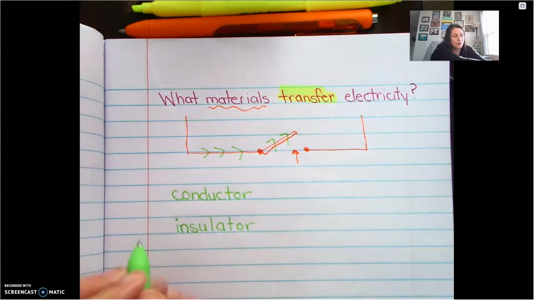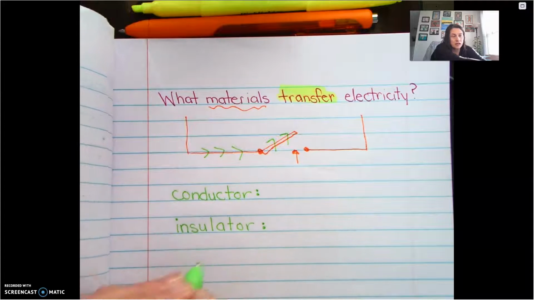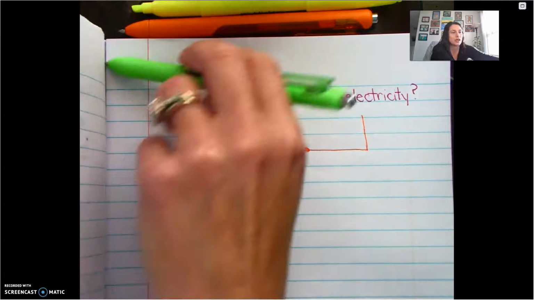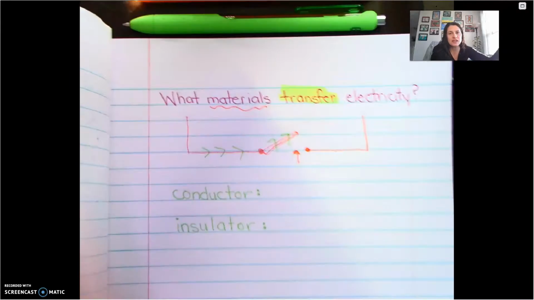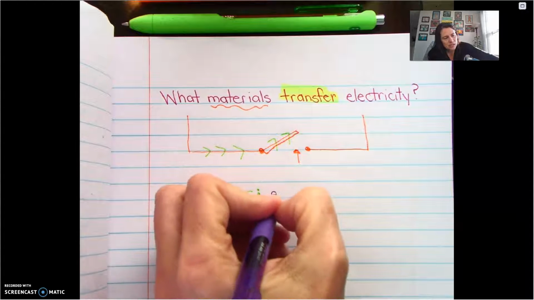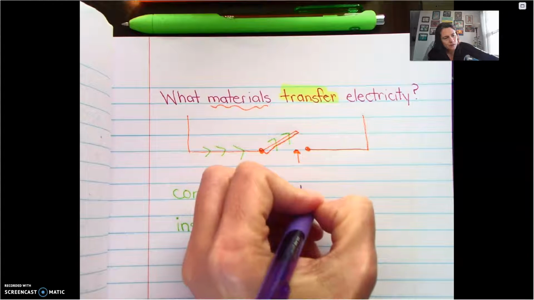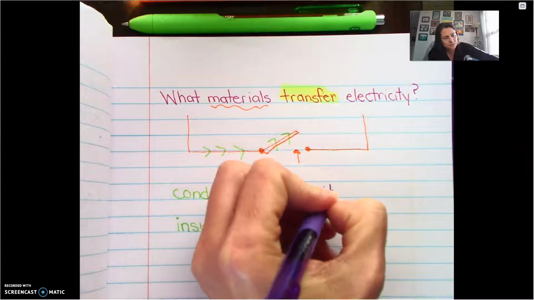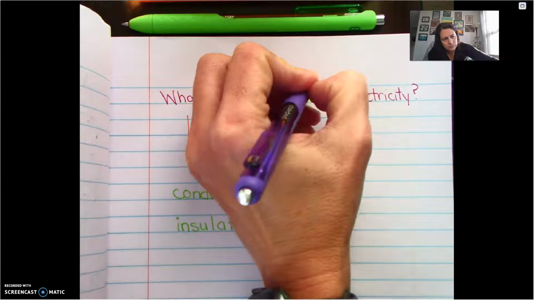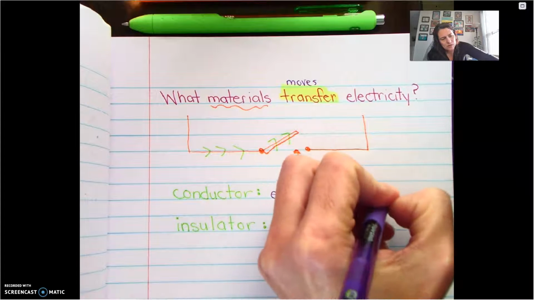Okay, so we have conductor, insulator, and transfer. Those are our new science words that we are going to be looking at today. So if it's a conductor, that means electricity is transferred, moves. Electricity is transferred.